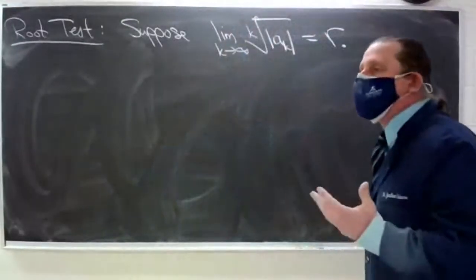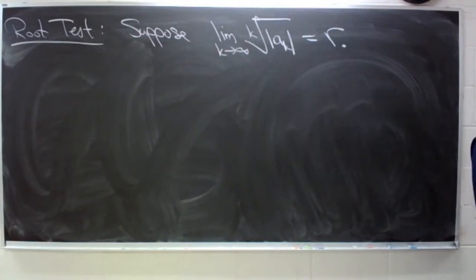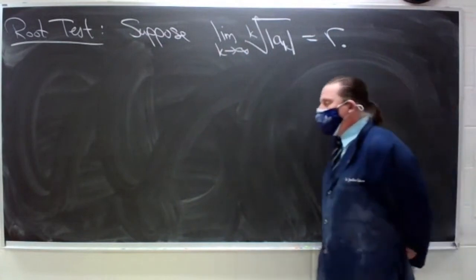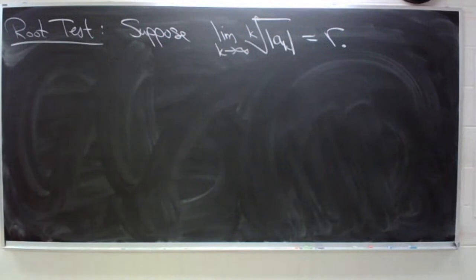Okay, so this leads directly to the root test. We're going to suppose that the limit as k tends to infinity of the kth root of the modulus of a_k is equal to r.